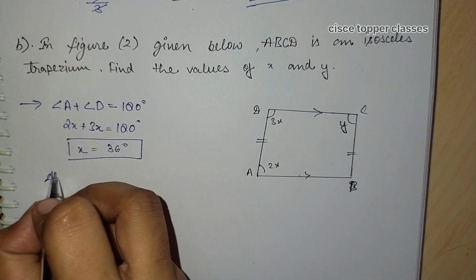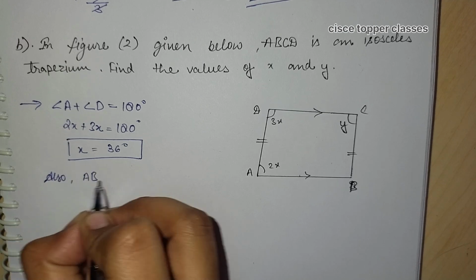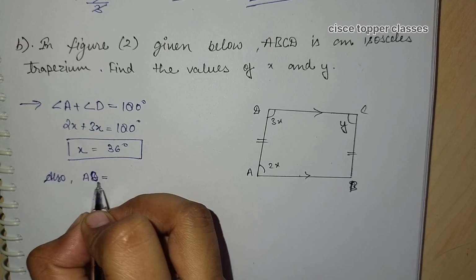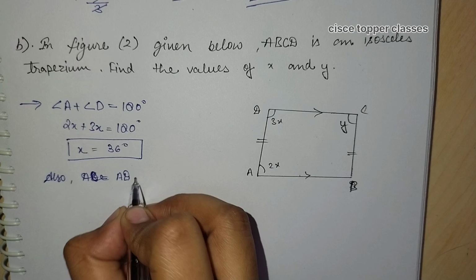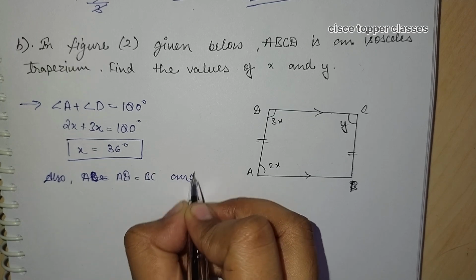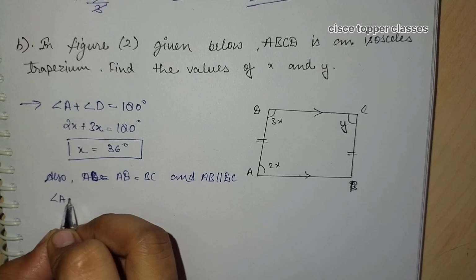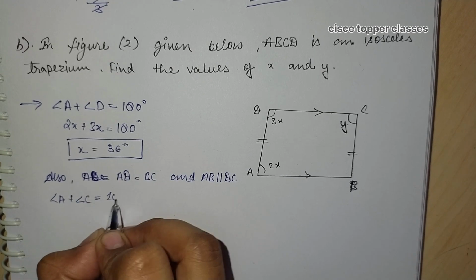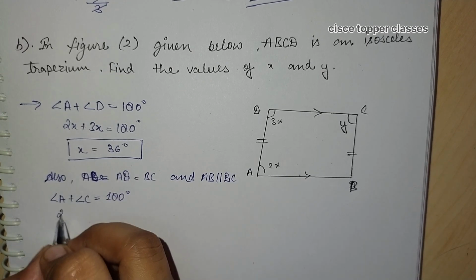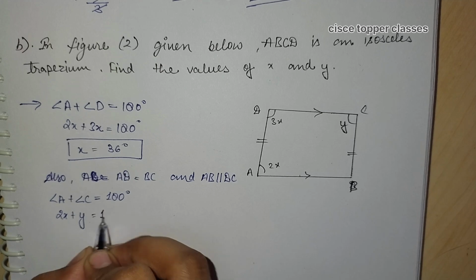Now we have to find the value of y. Also, AD is equal to BC, and AB is parallel to DC. So angle A plus angle C is equal to 180 degrees, and this is 2x plus y, so 2x plus y is equal to 180 degrees.